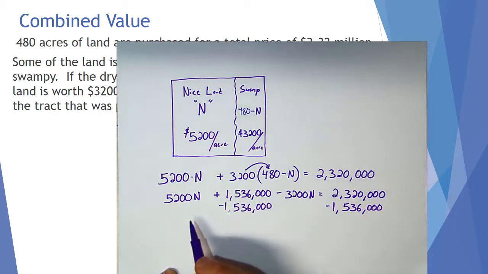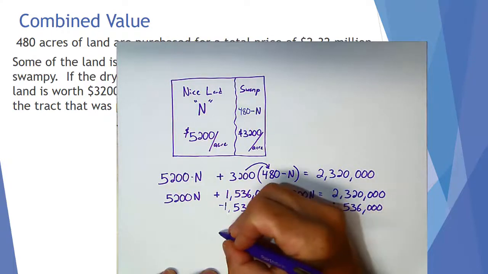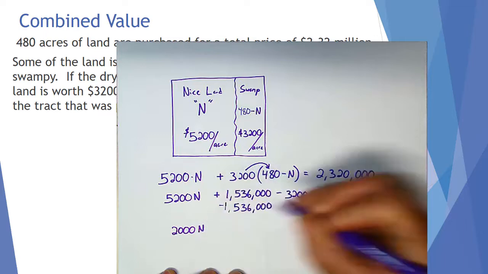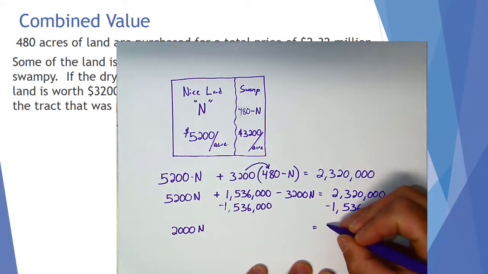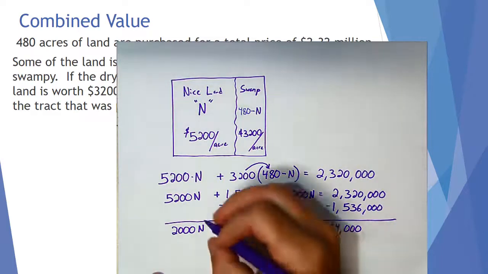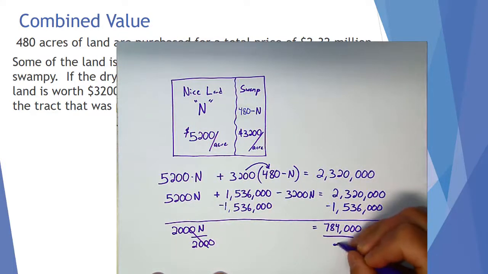And at the same time, we combine 5,200n minus 3,200n, and that's going to leave us with 2,000n being equal to 784,000. And then, of course, for home free, we can divide that by 2,000 and get a result for n.